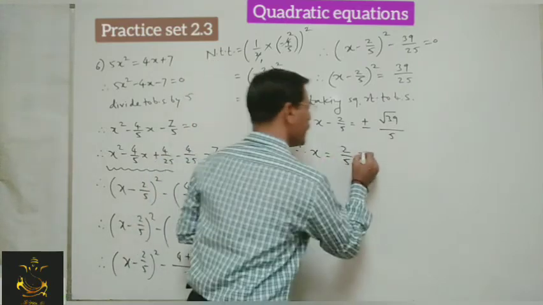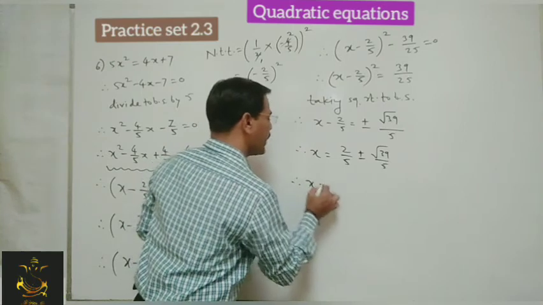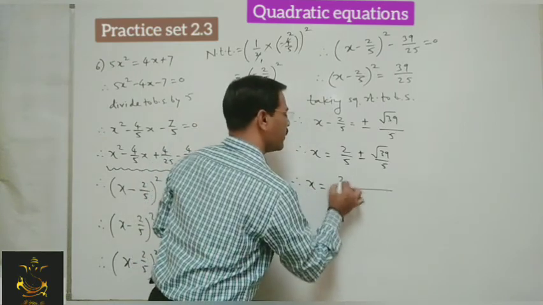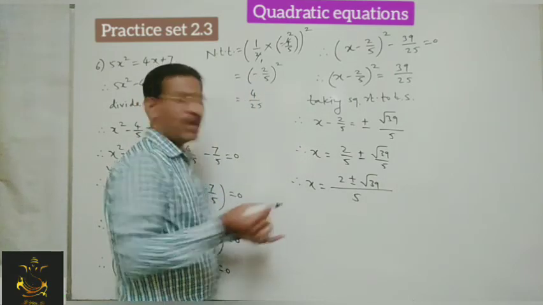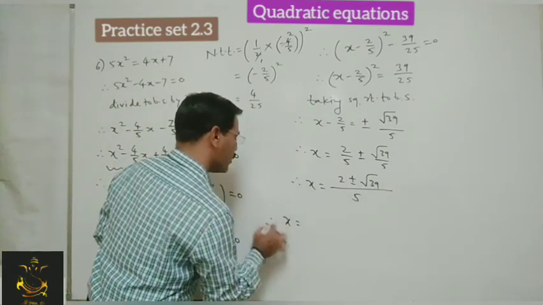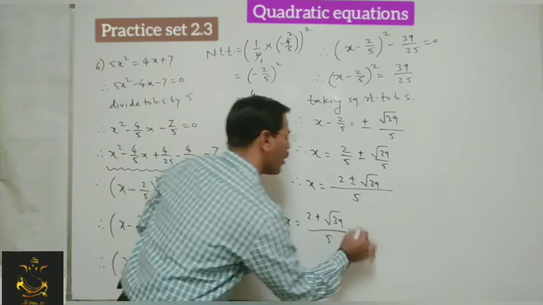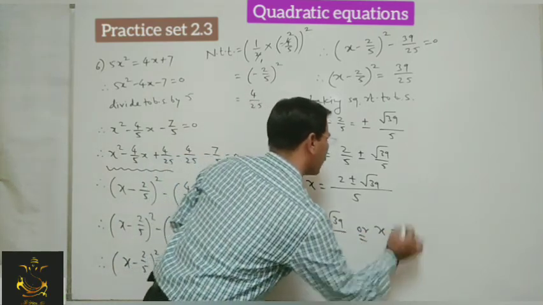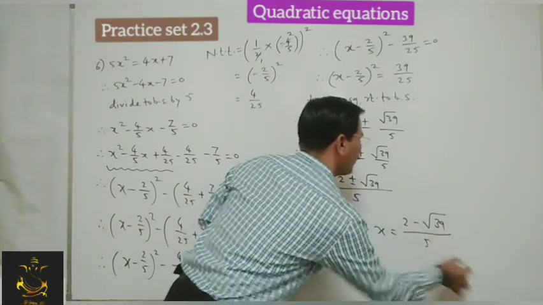It is plus or minus root 39 upon 5. You can keep the denominator once only because both are same. This is the procedure. But in the end, you can write x equal to 2 plus root 39 upon 5 or x equal to 2 minus root 39 upon 5.